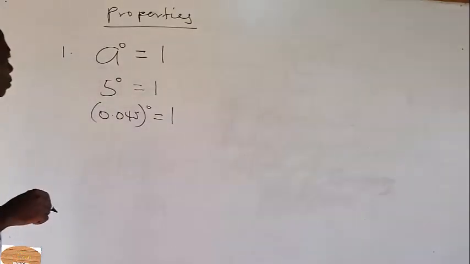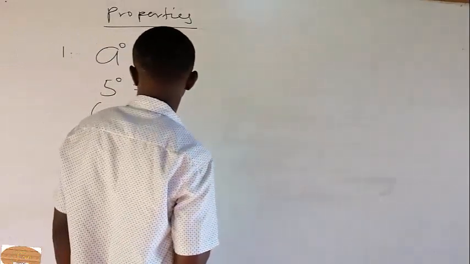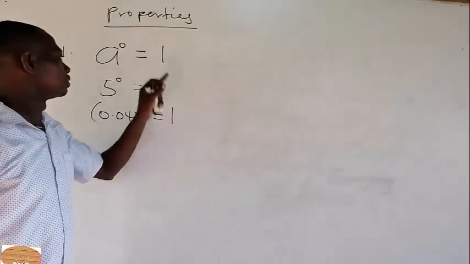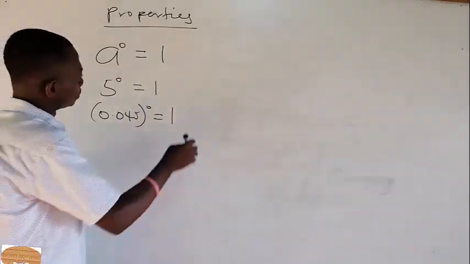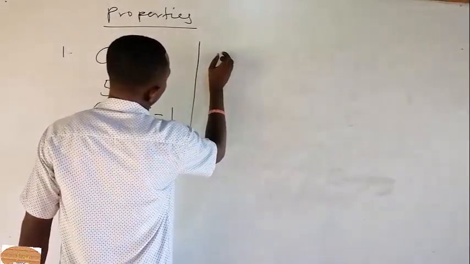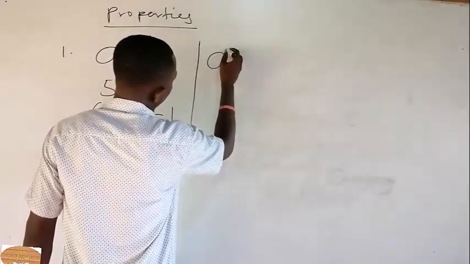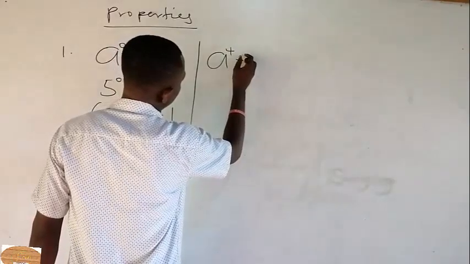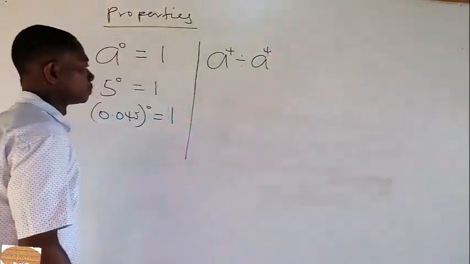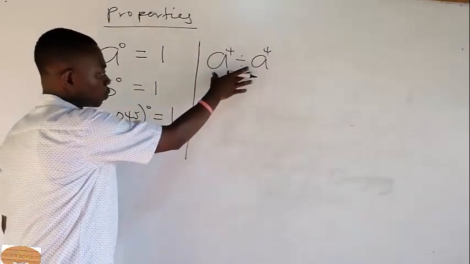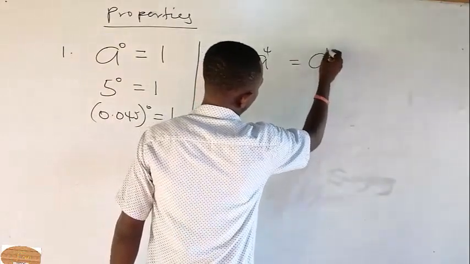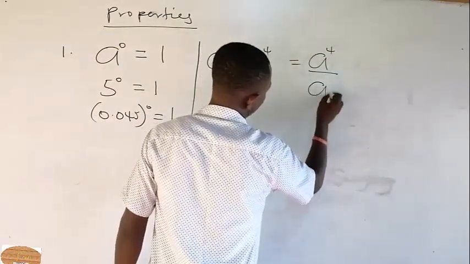Alright. So now the proof is coming from here. Let me prove the reason why this one is so. Let's say a to the power 4 divided by a to the power 4. Now you know that this one is the same as a to the power 4 over a to the power 4.